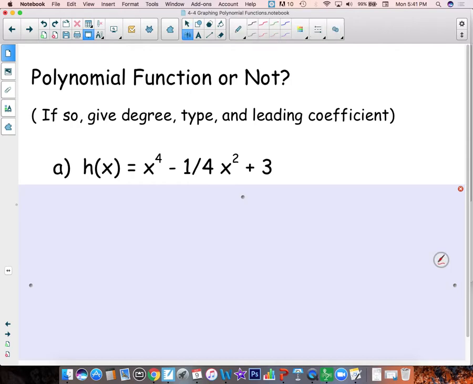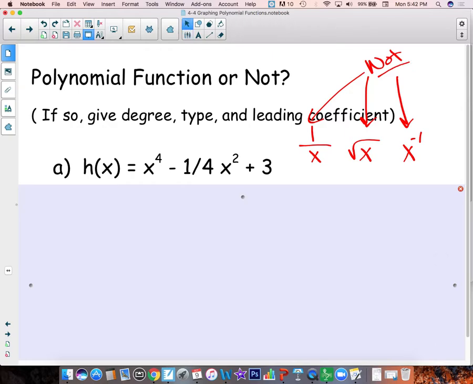Remember, if you're looking for something that's not a polynomial, you're looking for any variables in the bottom, any square roots of variables, or any negative exponents of variables. These are all three things that are not polynomials. Those are the dead giveaways.